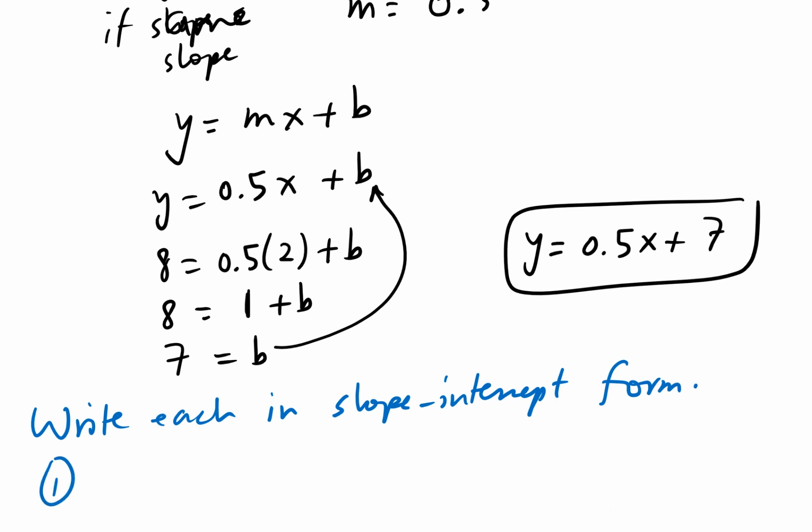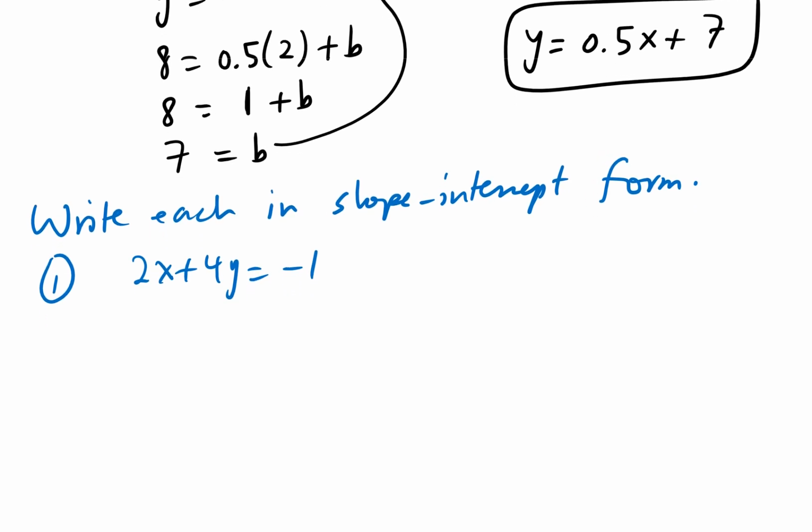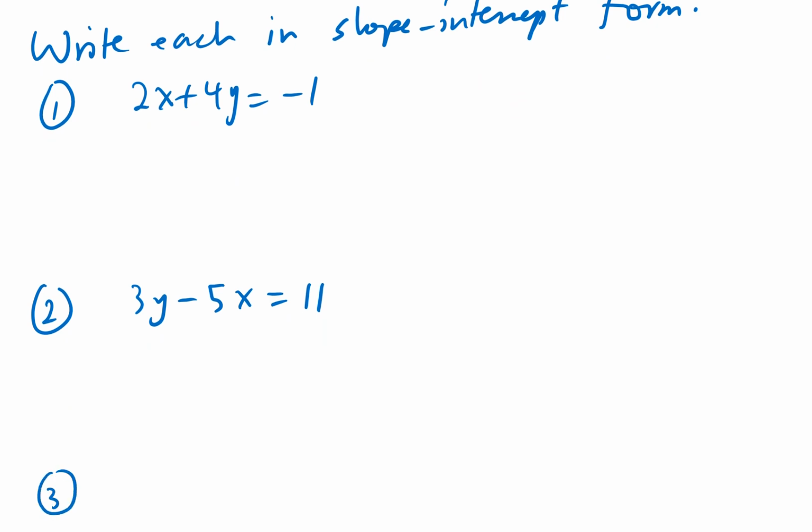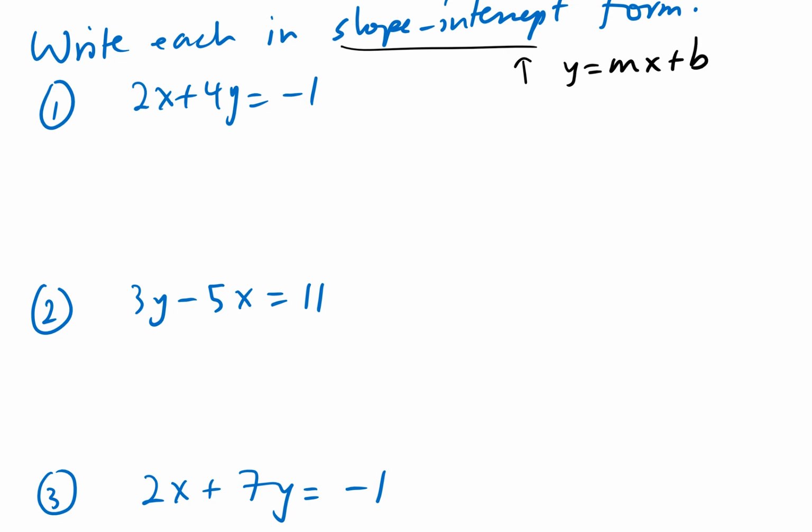Say 2x plus 4y equals negative 1, or 3y minus 5x equals 11, or 2x plus 7y equals negative 1. So we need to get them in slope-intercept form. Slope-intercept form means y equals mx plus b. So I have to solve for y basically here. So how do you solve for y?